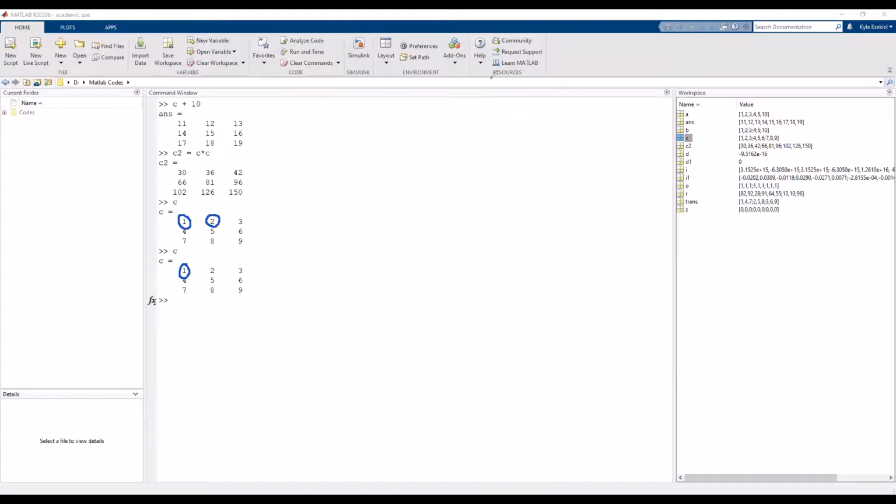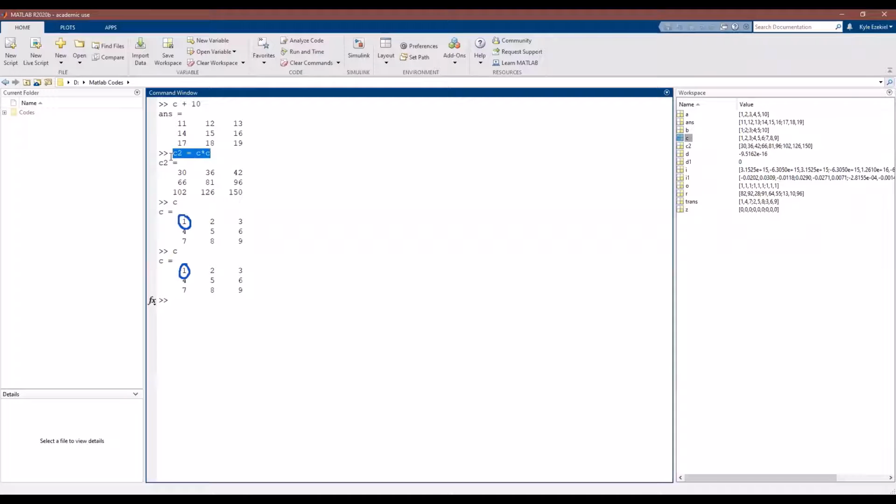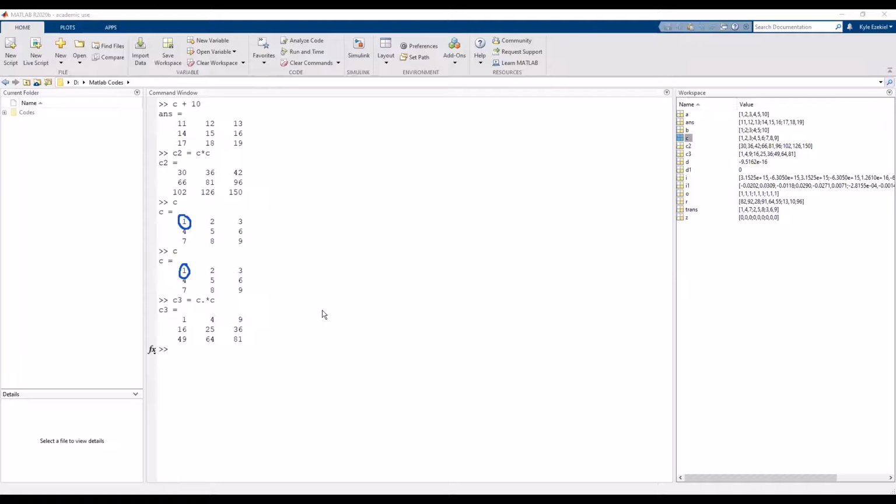So for example, 1, I will multiply it to 1, then 2 to 2, 3 to 3, 4 to 4, 5 to 5, 6, and so on. So from our previous command, I suggest you place a dot. There we go. What the dot represents is that this is an element-wise multiplication rather than matrix multiplication.